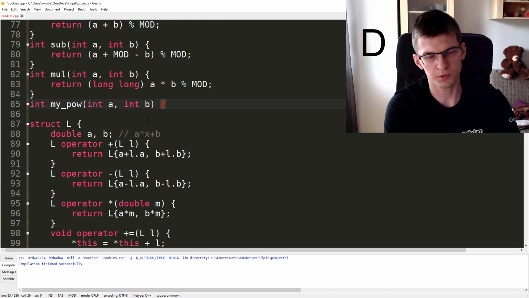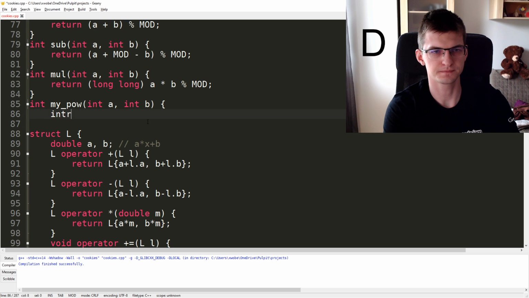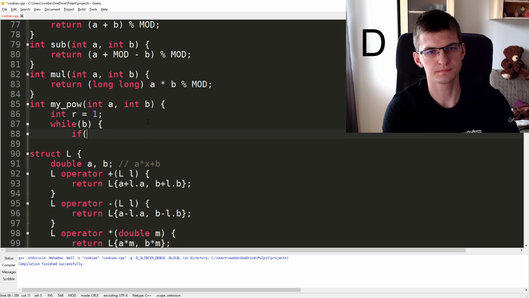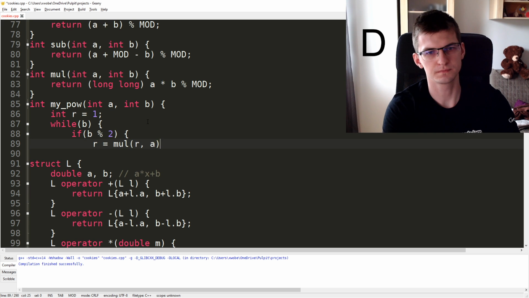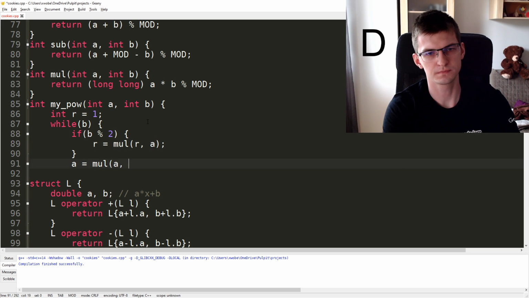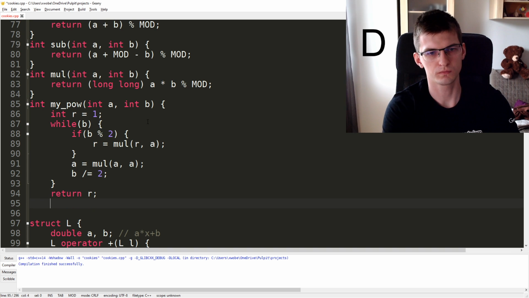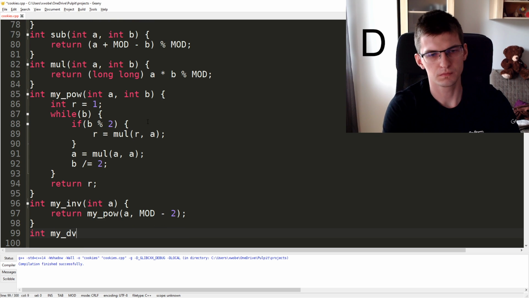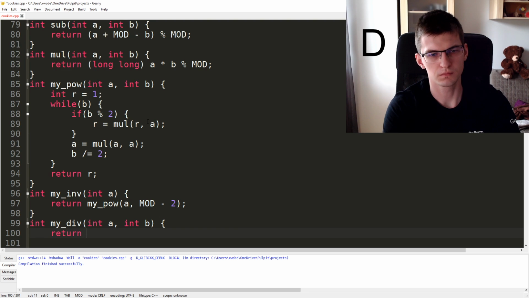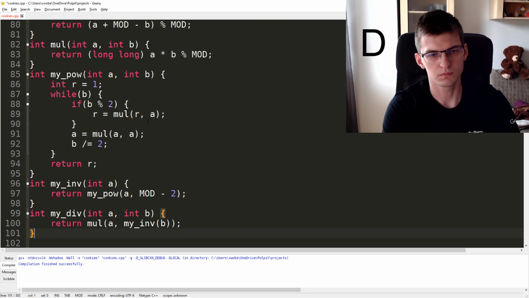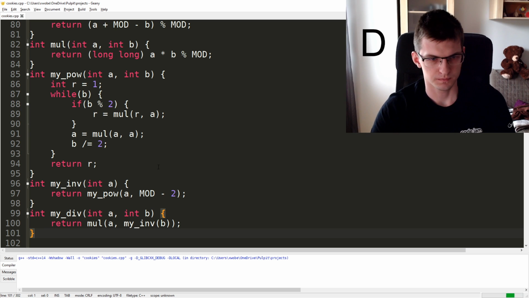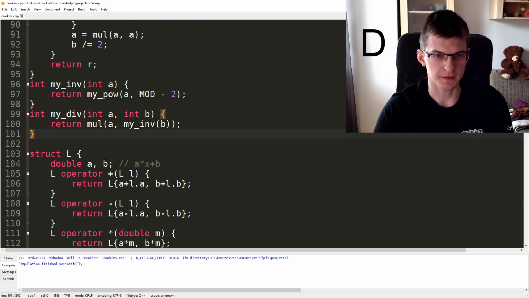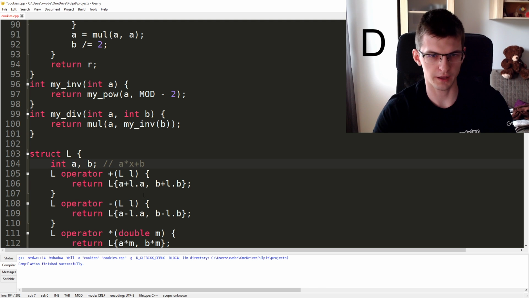Power is needed for modular inverse. And now I need to use it everywhere.